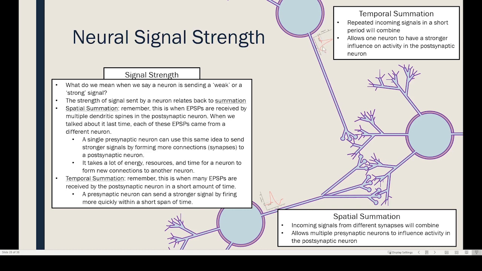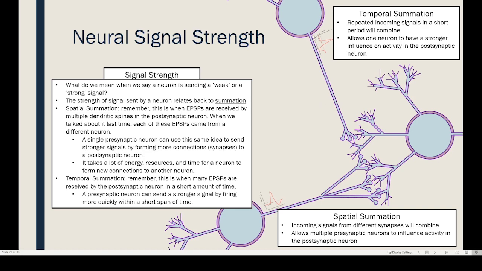But if a neuron needs to send one signal that's really strong right now without having to take the time to grow new branches, it can do that through a process that's similar to temporal summation. So instead of sending signals to several different locations on the postsynaptic neuron, it'll just send a bunch of signals all at once, or one after another really quickly, to the same synapse.